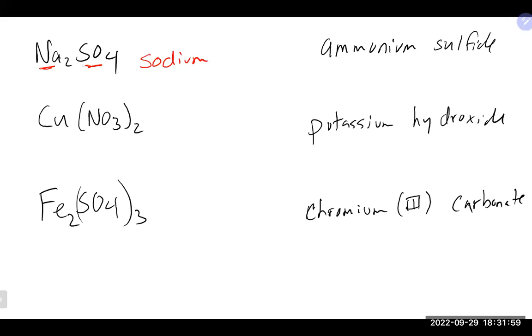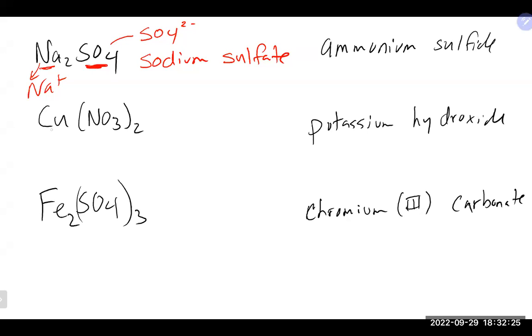And once again, we use the whole name for the polyatomic ion, and that would be sulfate, bless you. And that would be sodium sulfate. The anion here is sulfate with a -2 charge. The cation is sodium with a +1 charge. And once again here, that's why we need 2 of the sodiums to balance out the charge to 0. Any questions on that one there?